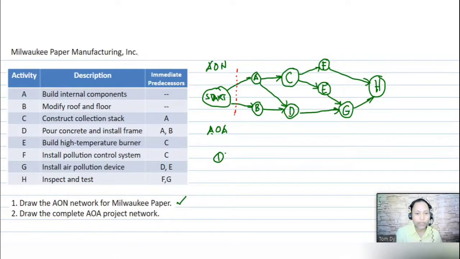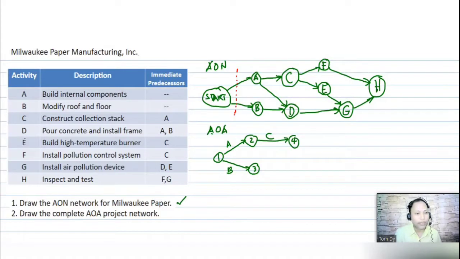Then you have activity A on arrow, activity B on arrow. Next activity is C, which is after A. So after A we have arrow C. Let's say we call this one 4.